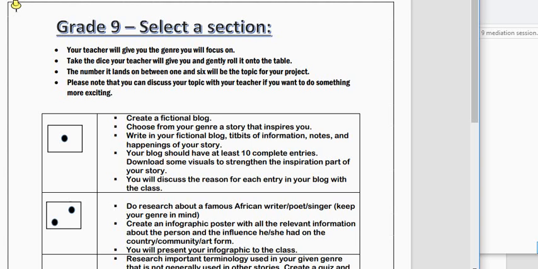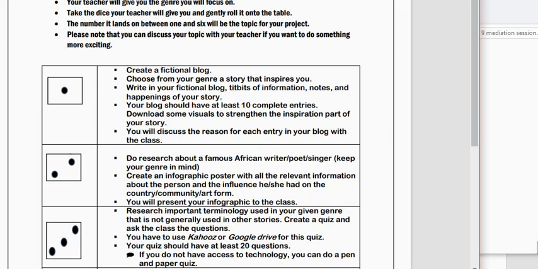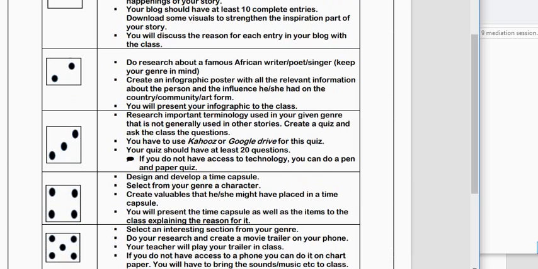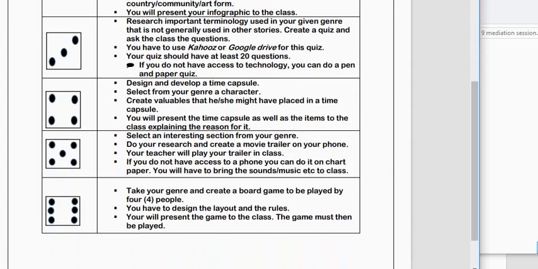But your learners must have some kind of document which gives him the topics. If he threw, for example, number 1, he will do a blog. If he does number 2, he will do an infographic post on an African poet. If he threw number 3, he would do a quiz on terminology, and he will use Kahoots, Google, or pen and paper.